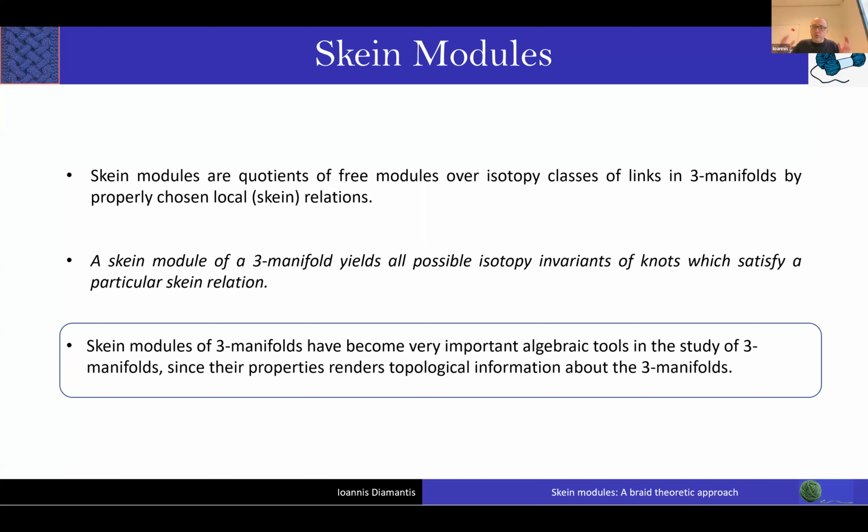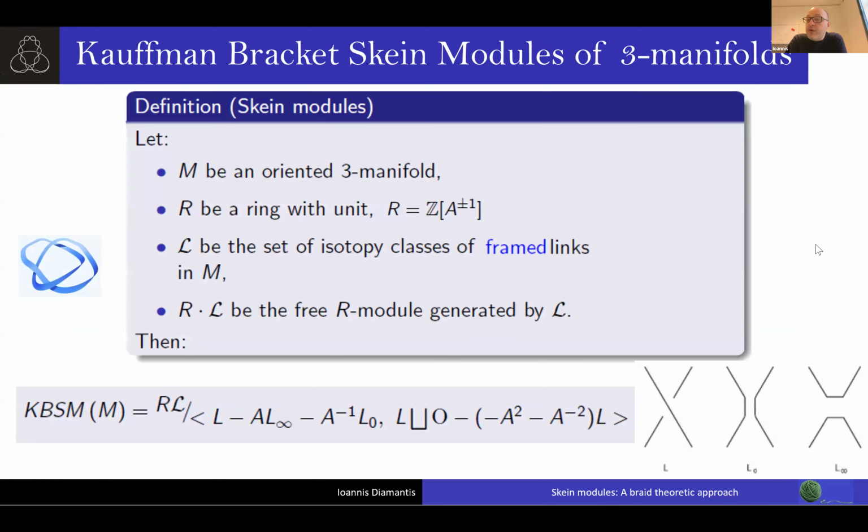So let's introduce what Skein modules are. Let's have the definition. We have an oriented three manifold M, any three manifold. We consider R to be a ring with unit, and we take the set of isotopy classes of framed links. In this talk today, I'm only going to consider framed links since we are talking about Kauffman bracket Skein modules. But one can consider isotopy classes of oriented links and compute the HOMFLYPT Skein module of three manifolds.